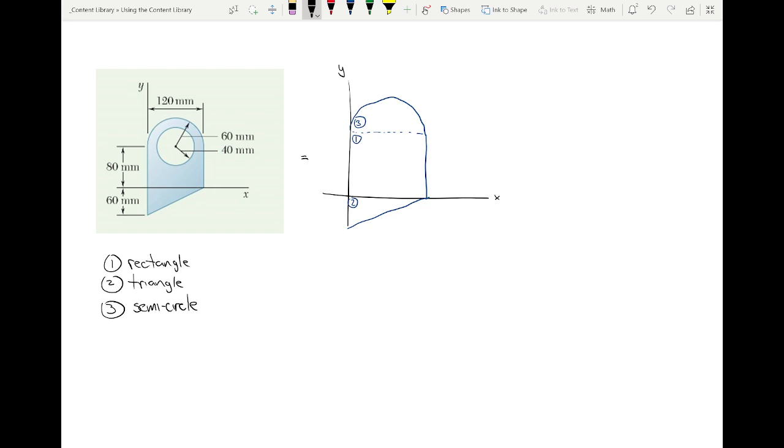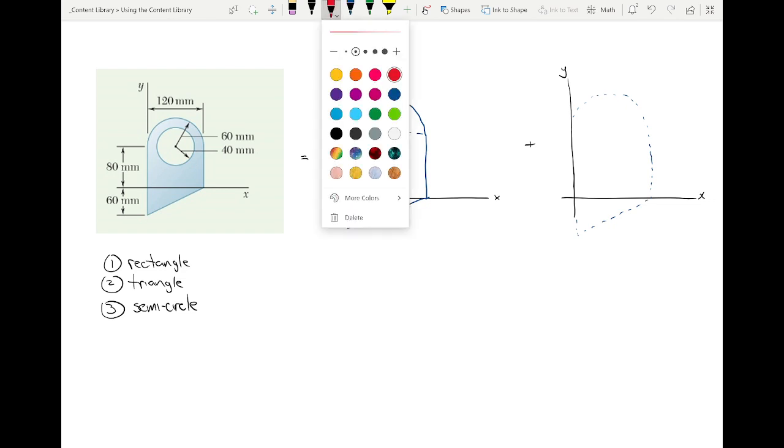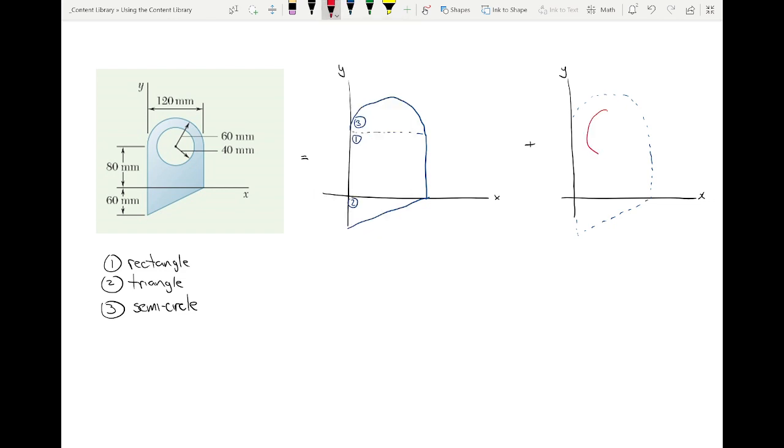But I'm forgetting something. What I have to do is recognize that there's a hole in this section. So what we'll do is say I need to add to this shape this hole.